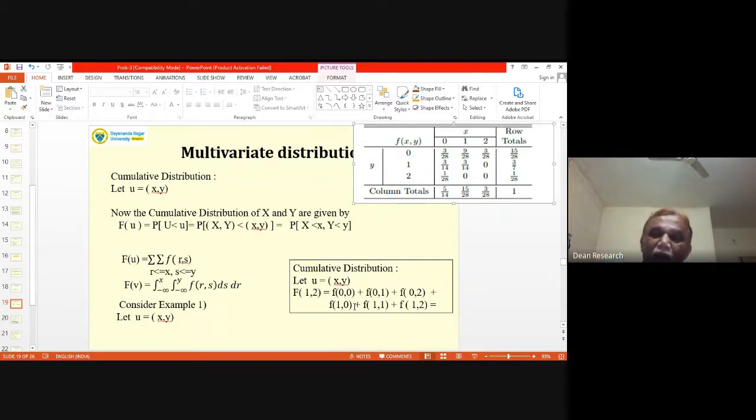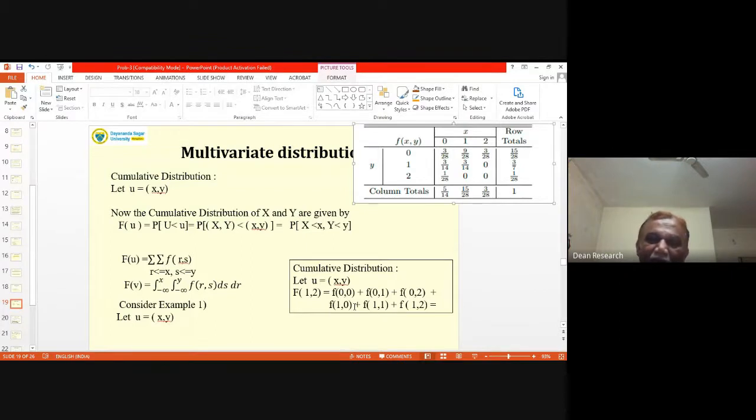Meaning, you have to add the probabilities corresponding to all pairs where x is either 0 or 1, and y is 0, 1, and 2. Correct? Basically, you are considering the first two columns. You are right. Somebody, I think Amit or somebody, said first two columns you have to consider here to compute f of 1, 2.